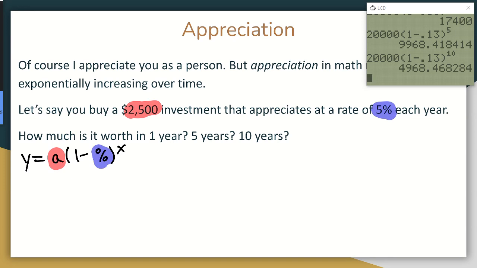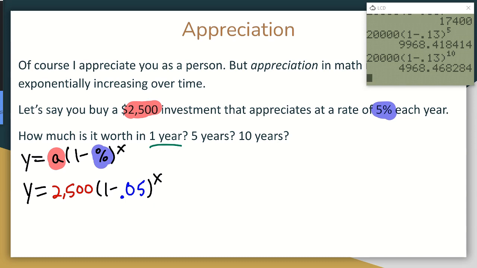Okay, so our equation then is going to be y is equal to $2,500 times 1 plus, and the percent is 0.05. Remember, move that decimal over 2 places, from 5 to 0.05, in order to convert there. And we're raising it to the x. So that's our equation we can use.